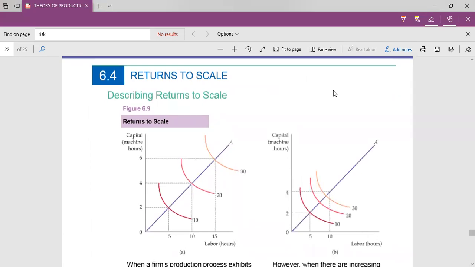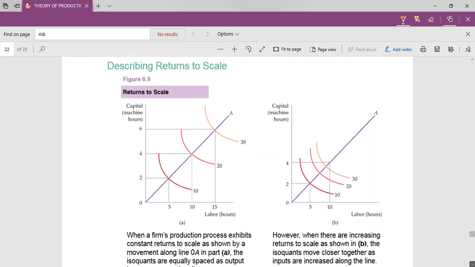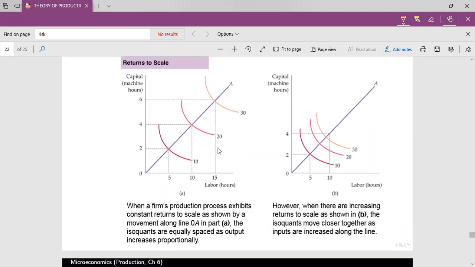All right, so this curve here shows constant returns to scale, because we saw that with constant returns to scale, when you increase input by a given proportion, output will increase by that same proportion. So we are seeing here that the isoquants are increasing by the same rate.